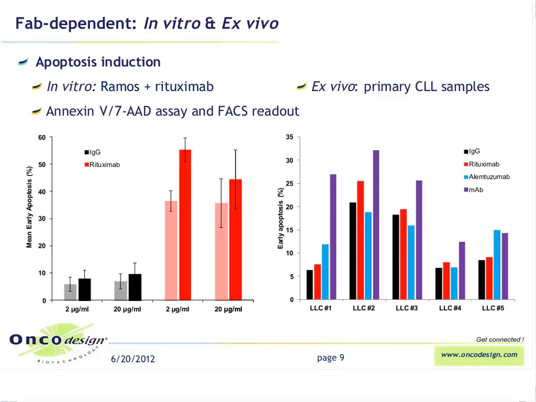And you have here the results of 5 different primary samples coming from CLL patients, where we compare rituximab, alemtuzumab, and a new antibody, and you clearly observe that depending on the samples, we observe quite no effect of rituximab or alemtuzumab, or a slight increase of rituximab apoptosis induction.